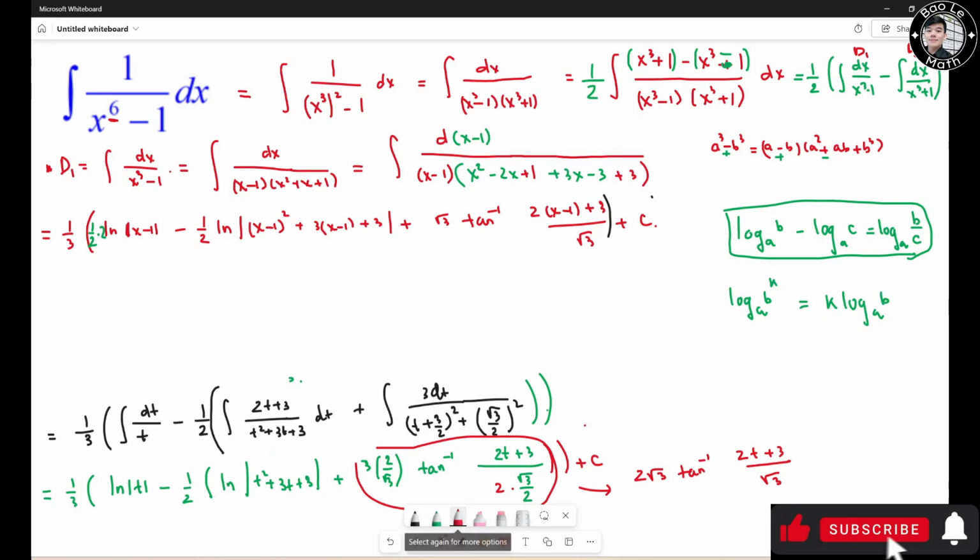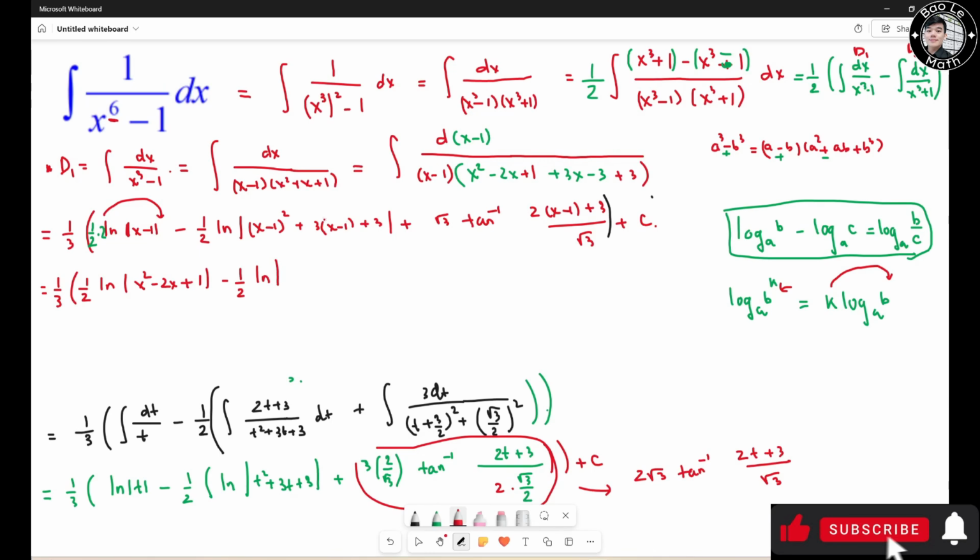Alright, so if you print K back over here, it turns out to be this one right here. So I can print 2 over here. So this guy turns out to be 1/3 times 1/2 natural log of absolute value of s minus 1 squared. This could be s squared minus 2s plus 1, right? Minus 1/2 natural log of, we're going to simplify this one.